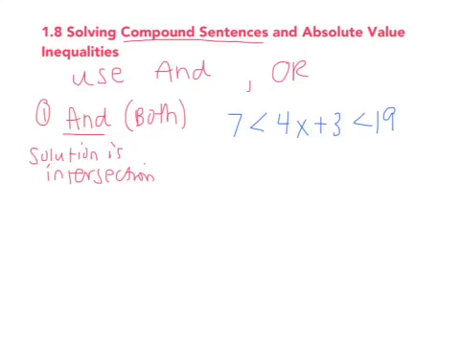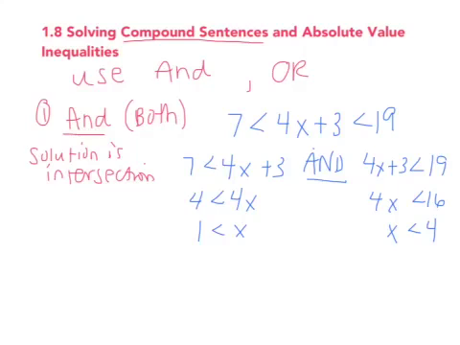If we have the inequality 7 is less than 4x plus 3 is less than 19, we can say that 7 is less than 4x plus 3 and 4x plus 3 is less than 19. In solving each separate inequality, we find that 1 is less than x and x is less than 4.